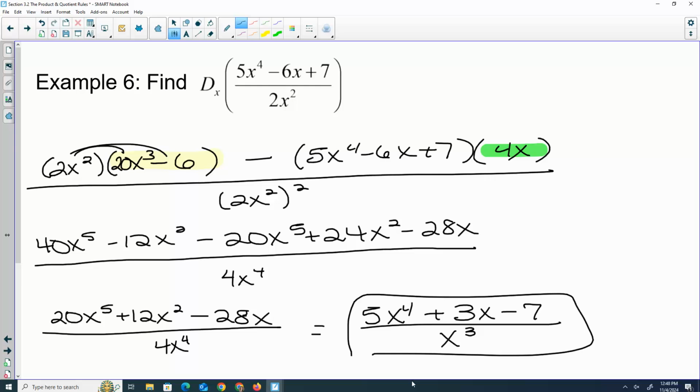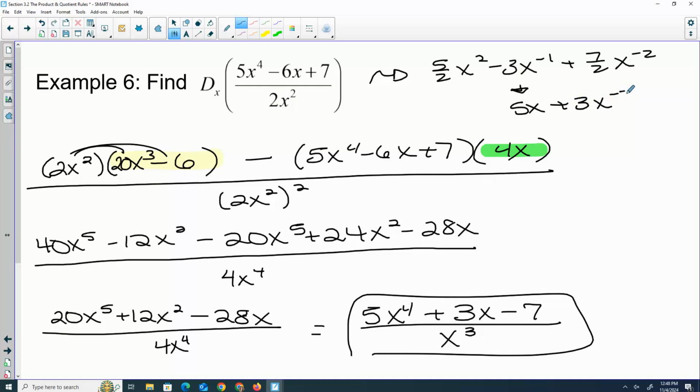If I'd given you the same problem last week, you would have written this as 5 halves x squared minus 3x to the negative 1 plus 7 halves x to the negative 2. The derivative would have been 5x plus 3x to the negative 2 minus 7x to the negative 3.